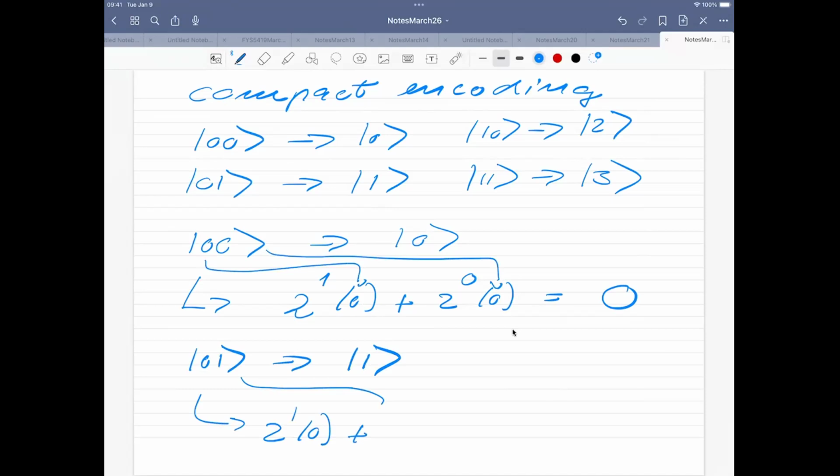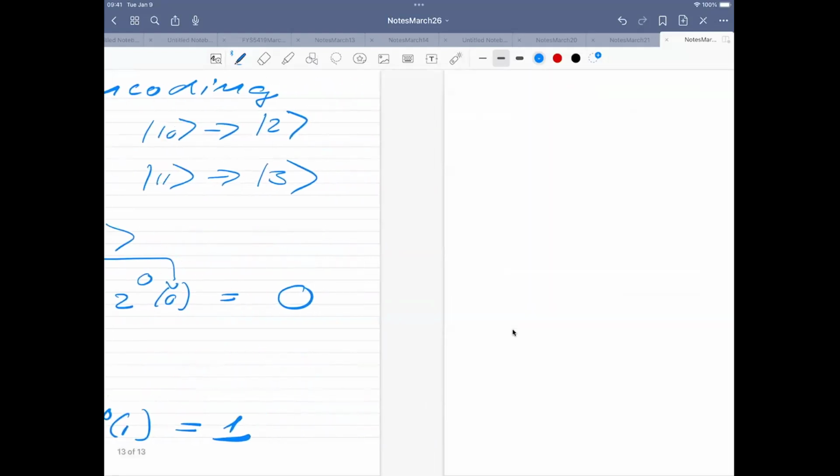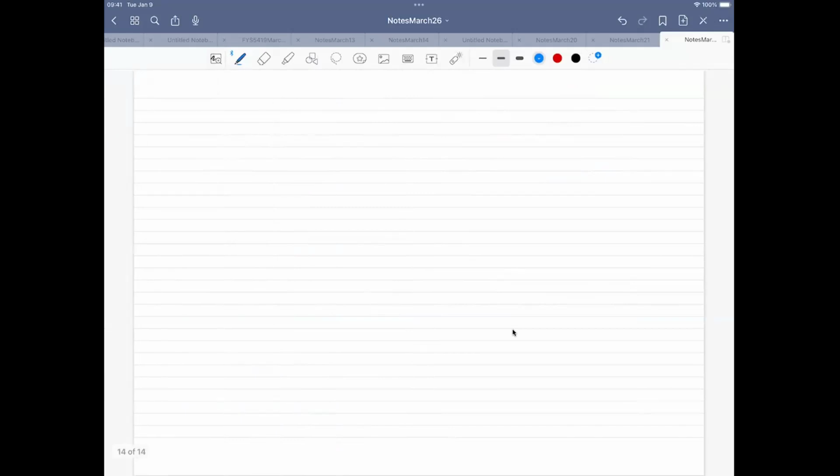So there's an ordering from the left to the right here, as well. And you can always change that ordering. And then we would have 2 to the power of 0 multiplied with 1. And you see that that becomes 1 here. And then if you do the next one, we get 1, 0.